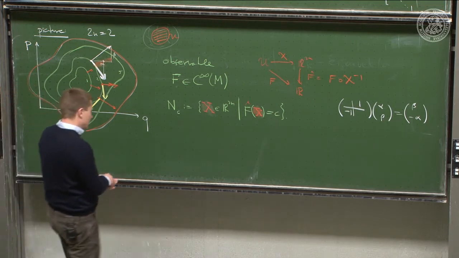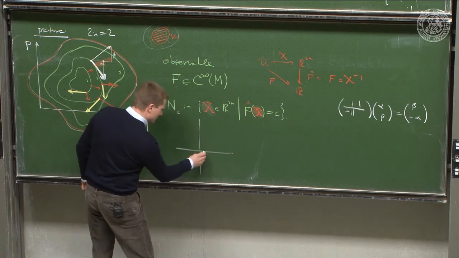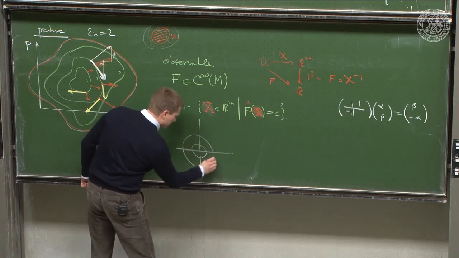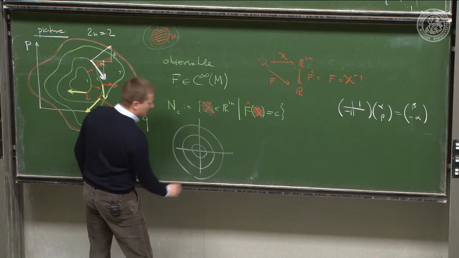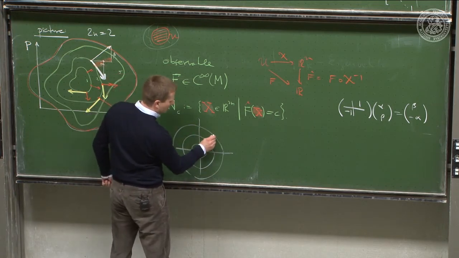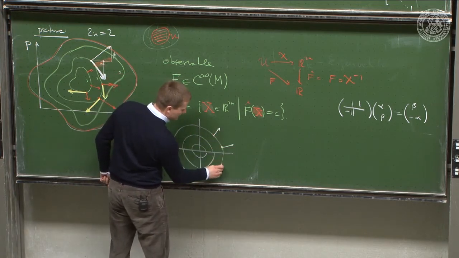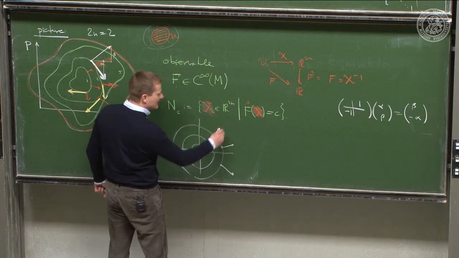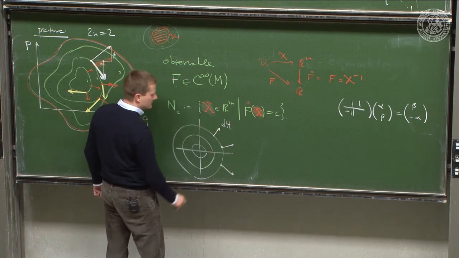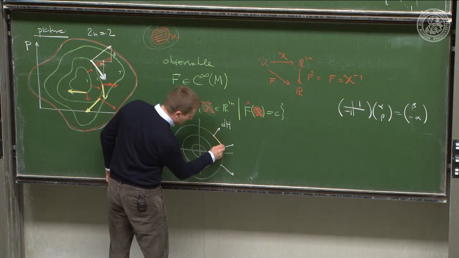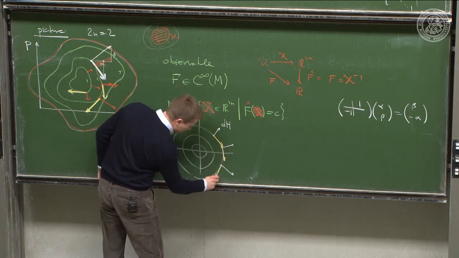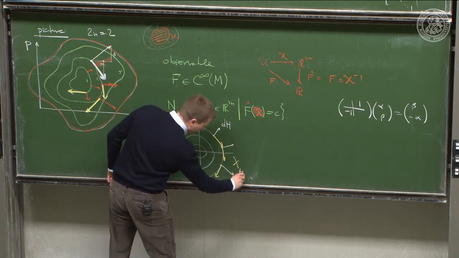So let's do this for the Hamiltonian for the oscillator. This dH covector field would become this XH vector field.